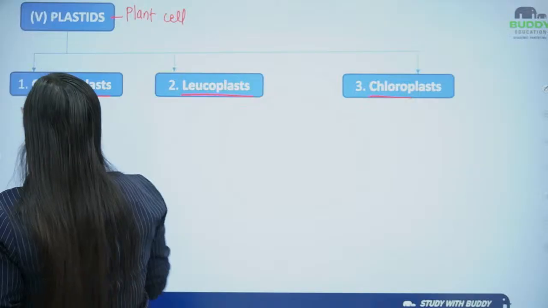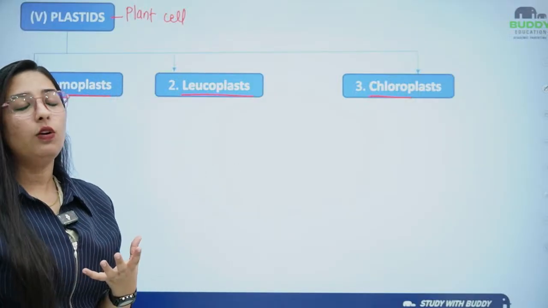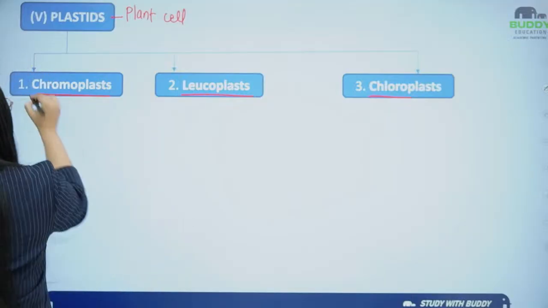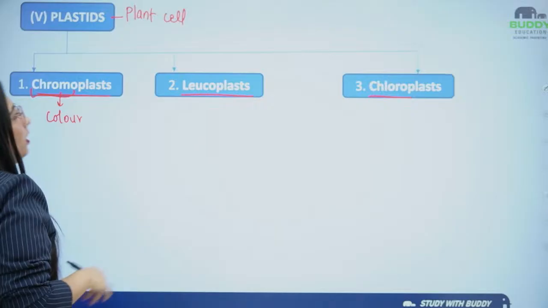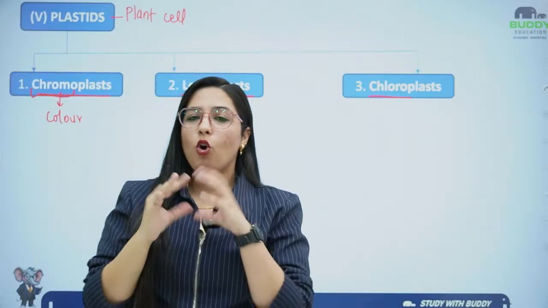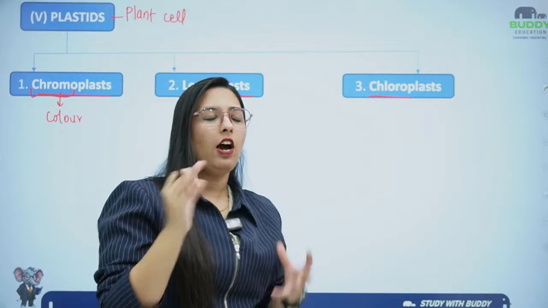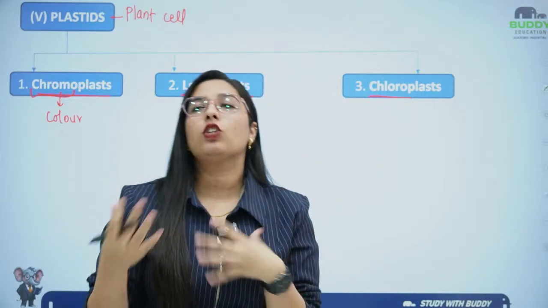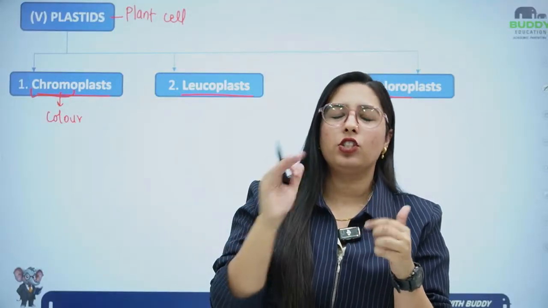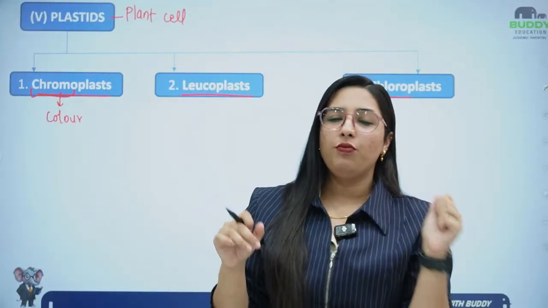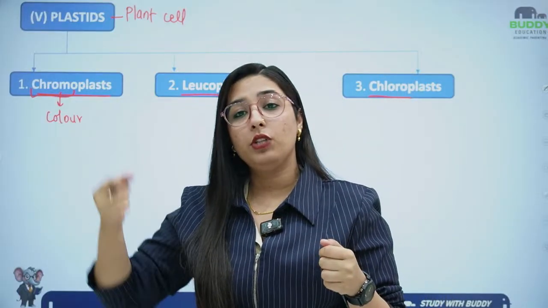Okay, so chromoplast, basically the word chromo means color. If I am talking about chromo, I am talking about color. Chromoplasts are responsible for providing color to the cell or any part. Wherever chromoplasts are involved, they provide color to that particular structure. If chromoplasts are involved in the flower, they'll be giving color to the flower.